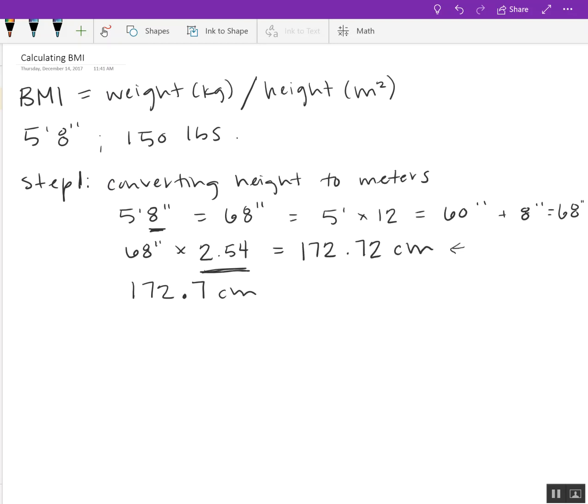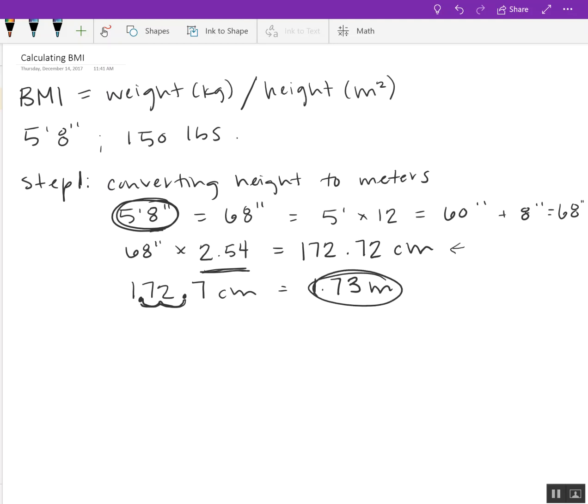So here we go, 1, 2. Move it over twice. That equals 1.73 meters, if we're rounding. That was a lot in step 1, three steps in one. But now we've converted our height of 5 feet 8 inches into meters.